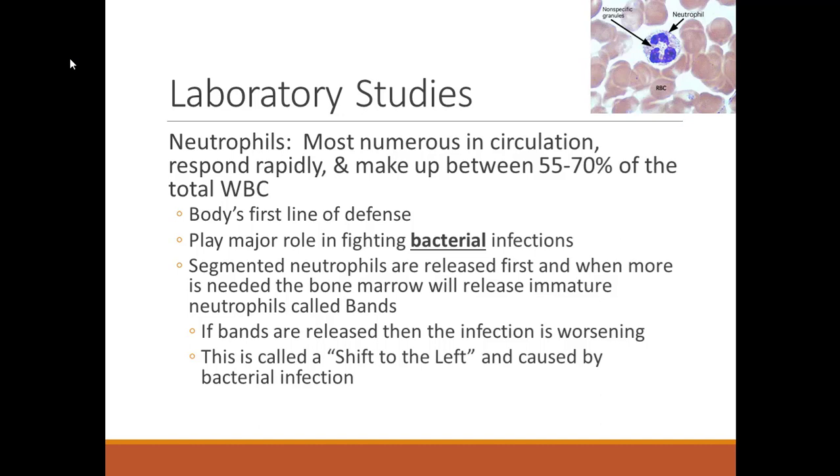So, generally, the mature or the segmented neutrophils are released first, and if the body continues with the infection, the body's actually going to release the immature neutrophils, because they aren't producing them fast enough for the body to fight off the infection. But when these immature neutrophils are released, they're called bands.